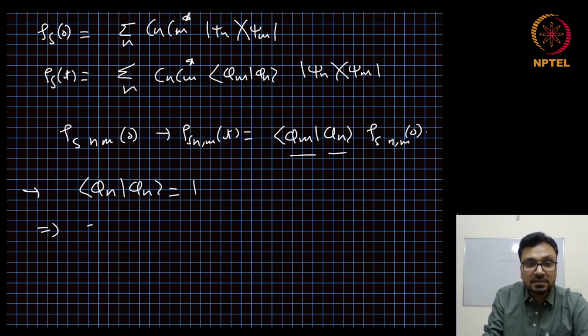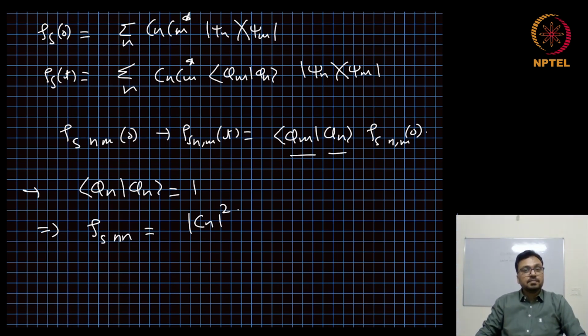It means the diagonal elements of the density matrix, ρ_s,nn, are |c_n|², and this does not change with time. So the diagonal elements of the density matrix do not change with time. This is what keeps the average value of the energy unchanged over time for the system, because the diagonal elements of the density matrix of the state are not changing.